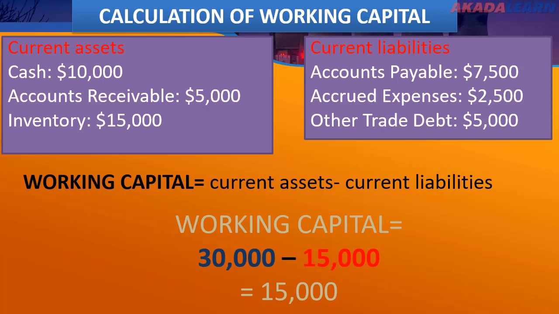This means that company ABC can pay all of our current liabilities using only its current assets. In other words, company ABC is a very solid and financially sound business in the short term.